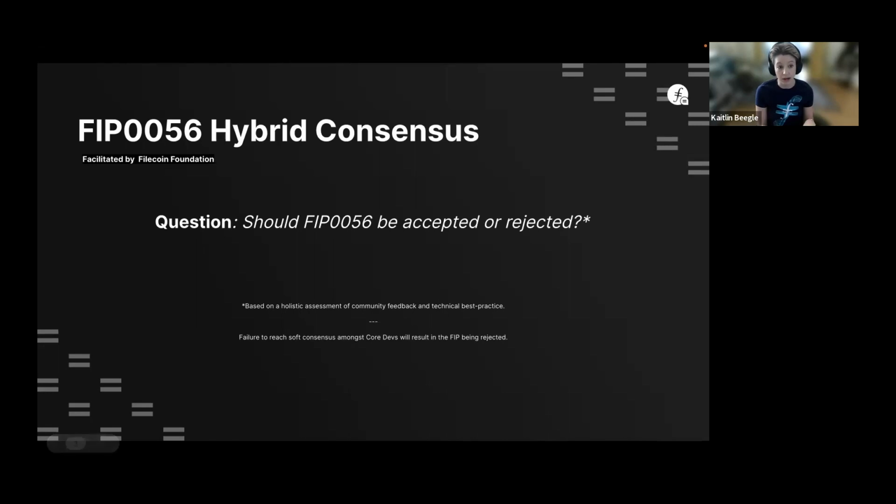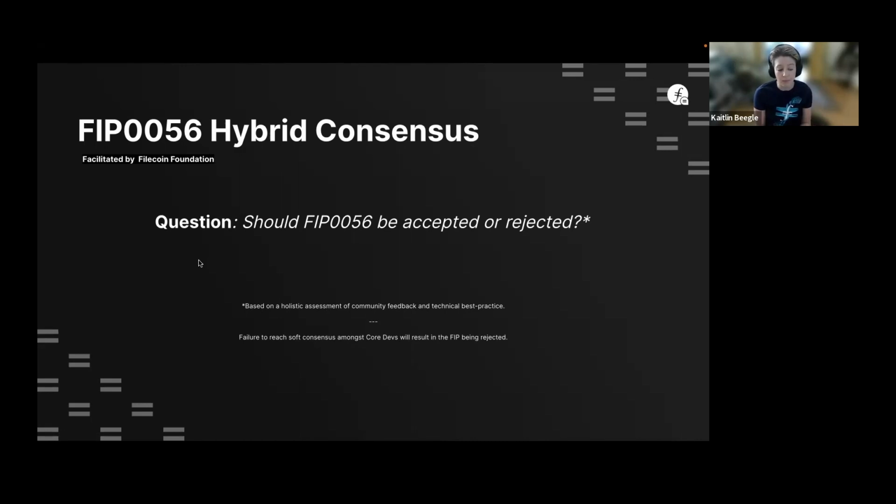This is not standard practice for us. This is something that we have asked core devs to do because we think it is in the best interest of the Filecoin community for there to be a decisive answer as to whether or not we are moving forward with a sector duration multiplier in the next network upgrade.